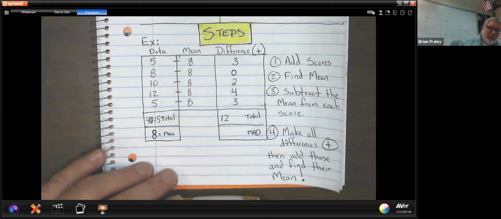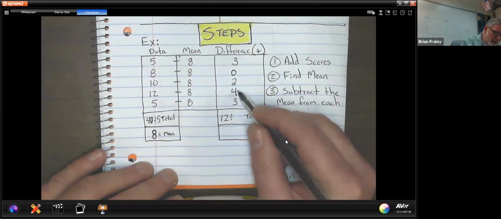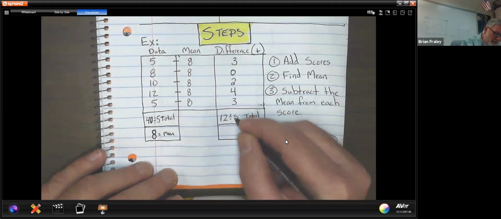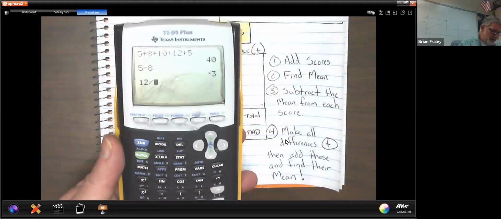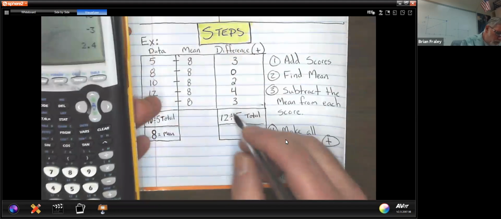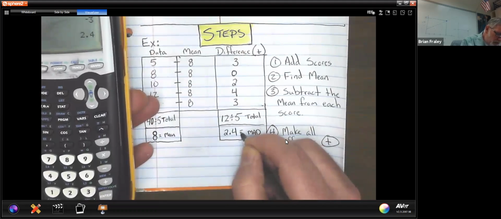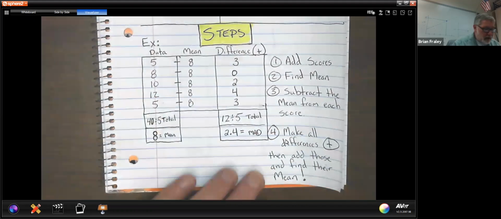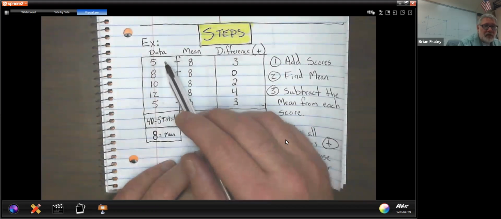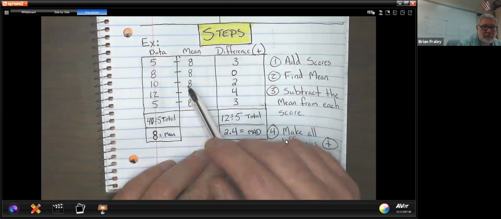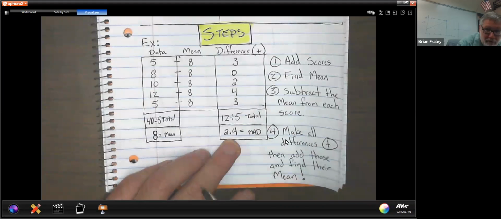Now, to find their mean, you divide by the total number of scores, which again is still 5, isn't it? So 12 divided by 5. And when I put 12 divided by 5 in the calculator, I get 2.4. So 2.4 is equal to my mean absolute deviation. Guys, in other words, what this is telling me is the scores are on average 2.4 spots away from the actual average.